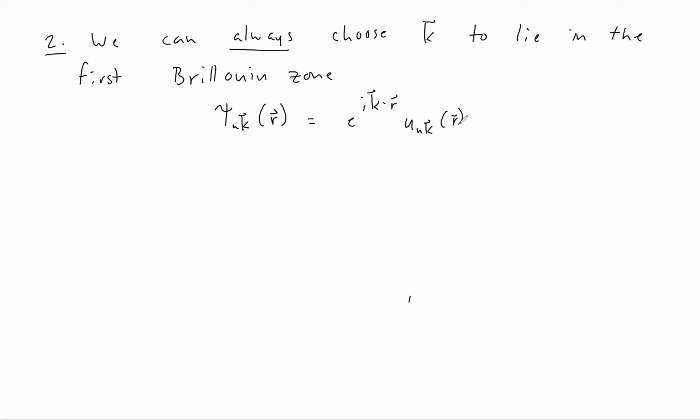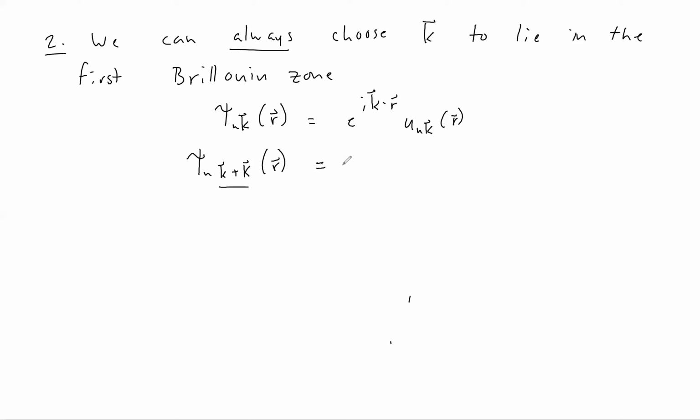Let's suppose we displace it by a vector that's in the reciprocal lattice. So psi of little k plus big K is a new Bloch wave function. It is not in the first Brillouin zone because we've displaced it by a reciprocal lattice vector. It's essentially closer to another reciprocal lattice point than the origin.